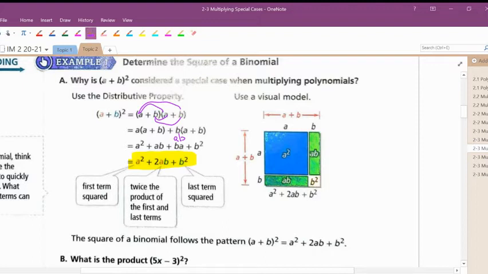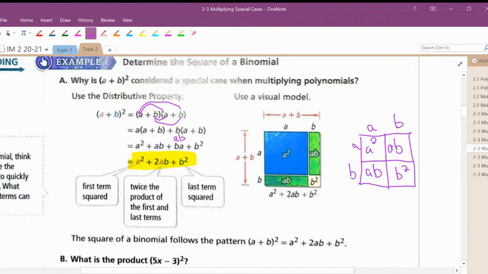And they're saying the same thing over in this visual model. If we have a plus b times a plus b, it's kind of like our box method, except we don't really have all of those diagrams and whatnot. So a times a, a times b, so we get a squared, ab, b squared.